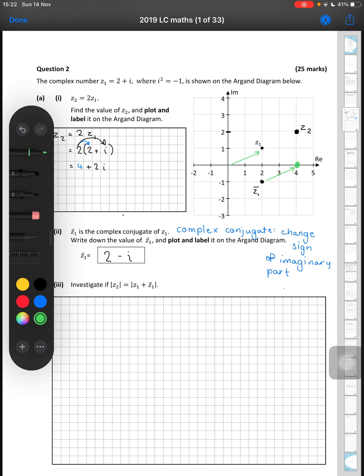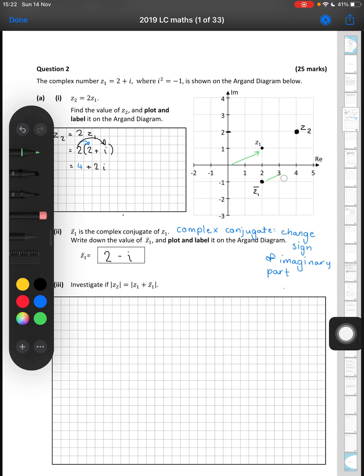So what they're asking is, if I add Z1 and the conjugate of Z1 together, I end up at this point. Is this point the same distance from the origin as this point here, my Z2? Straight away we can already see it's probably not going to be, but we need to show why.